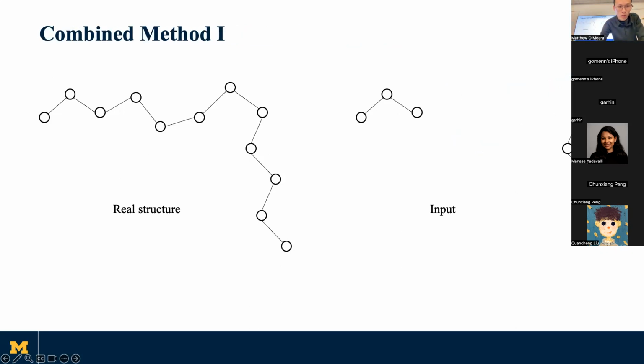And also we can have some combined methods. These combined methods employ both linear field and extrapolation, and sometimes have better results. For example, in this combined method, the first step will generate a residue with extrapolation, and we'll compare the distance between the newly generated residue and the other end of the structure.